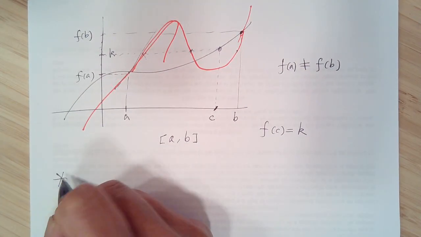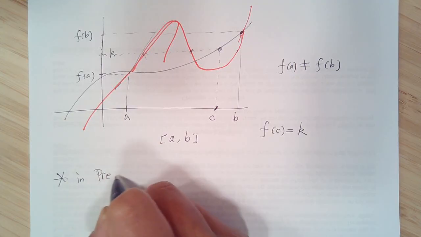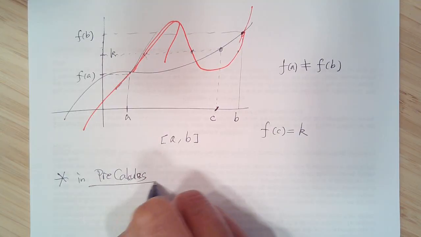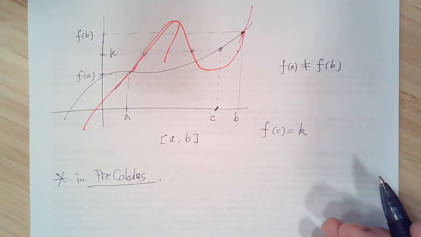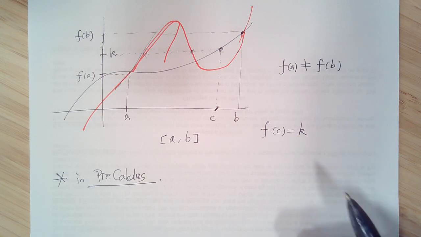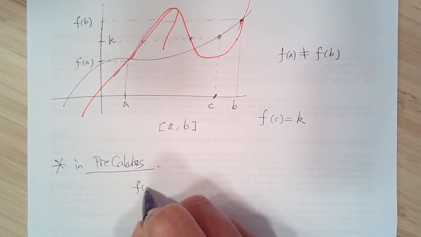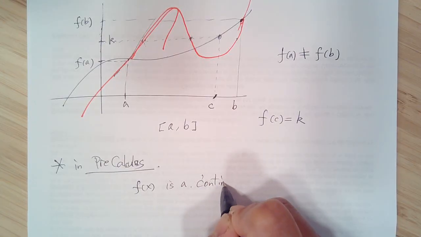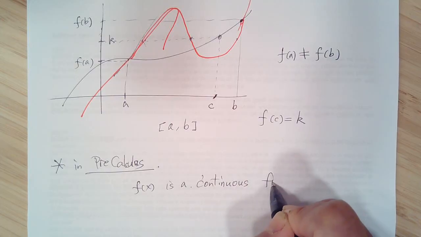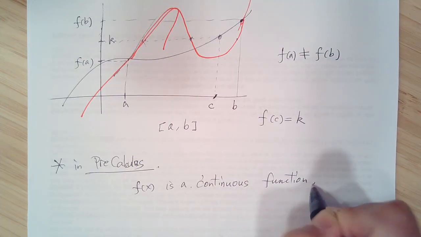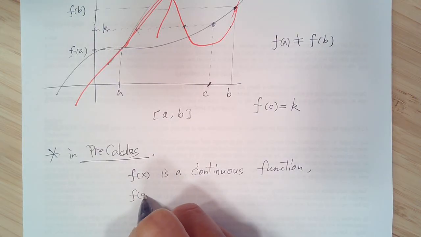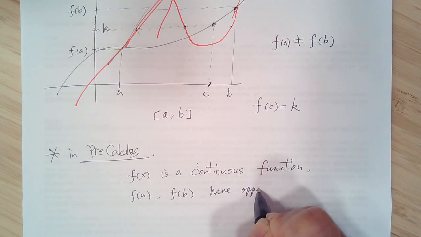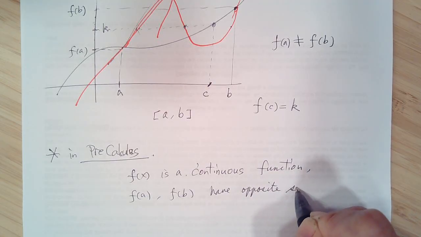A very special case is this. We learned this in pre-calculus, and we also call it the intermediate value theorem. What it says is this. If f of x is a continuous function, and f of a and f of b have opposite signs, what does that mean?